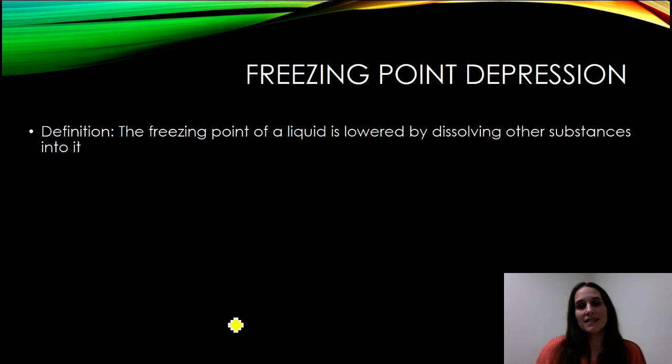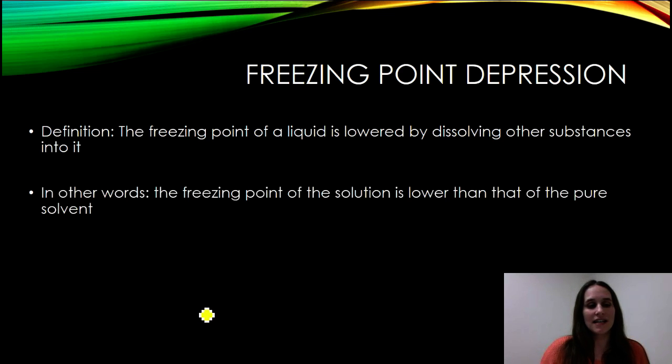This is one of the reasons that we use salt to make ice cream. We don't put the salt in our ice cream because that would taste gross, unless it's like salted caramel, in which case it's amazing. But we put salt around the ice cream bin because it allows the water there to actually get colder than 0 degrees Celsius, and it makes the stuff in the milk crystallize better.